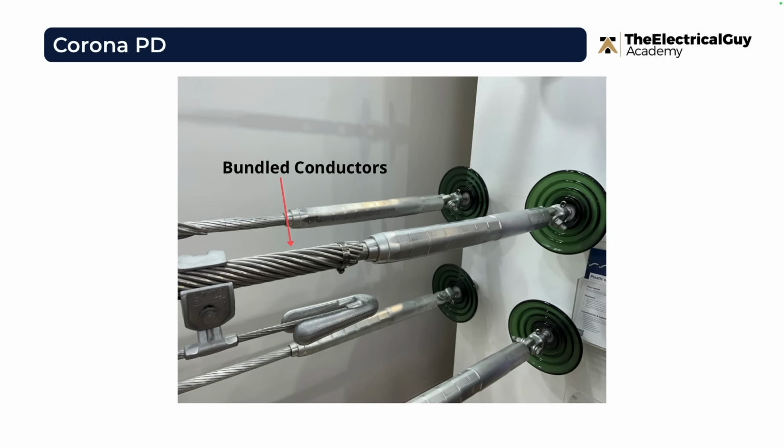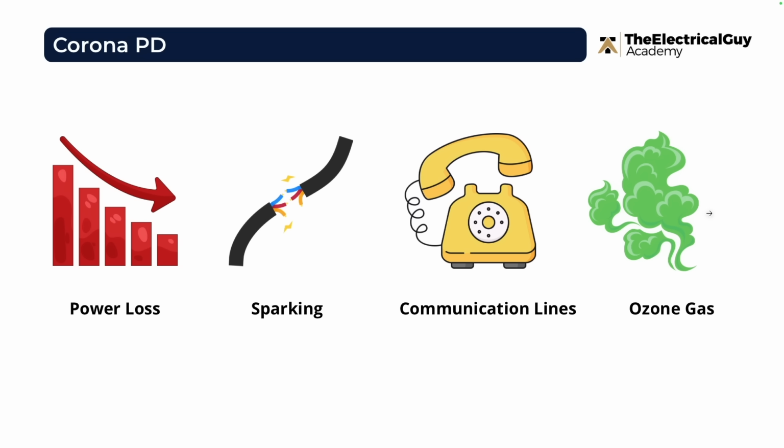For transmission line, you will see we use bundled conductors. Now, when you bundle a lot of conductors together, the electrical stress that is coming out of them will be low and we will not have the Corona discharge. But if it happens, it definitely has some impact on the system. For example, one is the power loss. If it is happening across a very long transmission line, the power loss will be there.